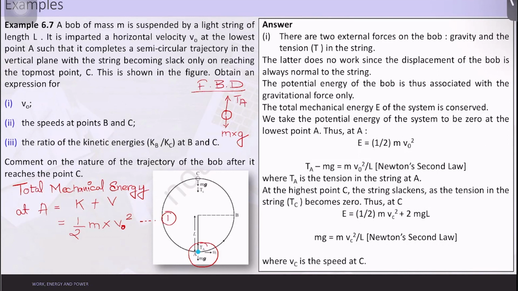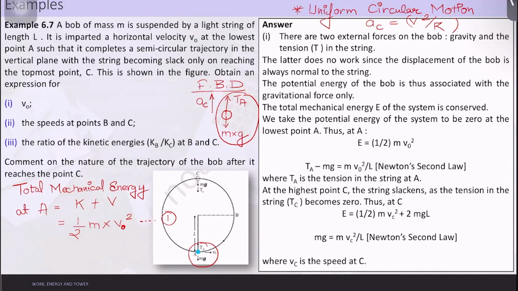Now in the chapter motion in a plane, we have understood the concept of uniform circular motion, that the centripetal acceleration for a circular motion is equal to velocity squared divided by the radius. So here also there is a movement happening, so there is an acceleration in this direction.